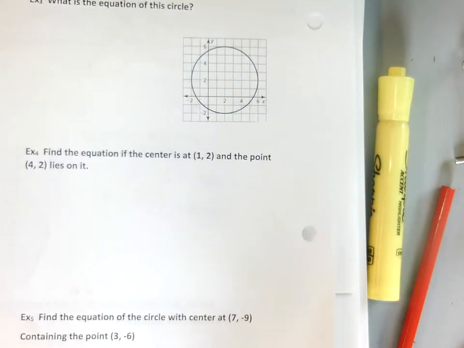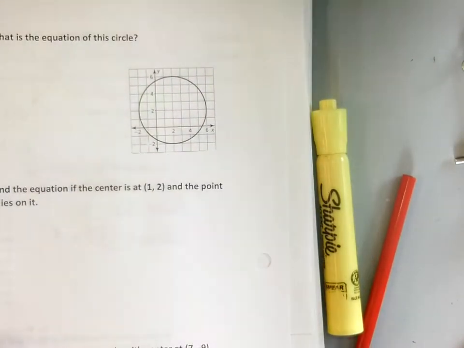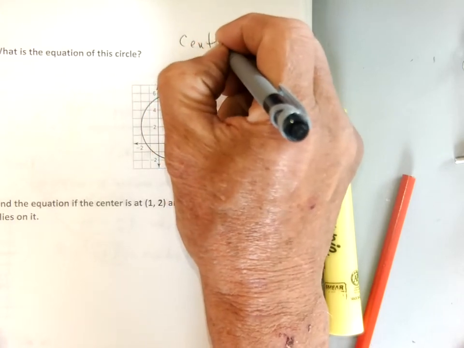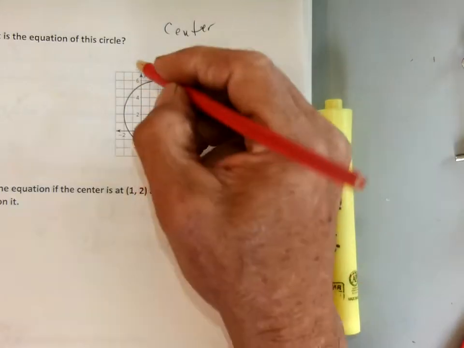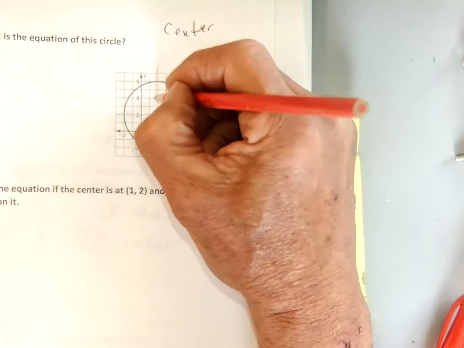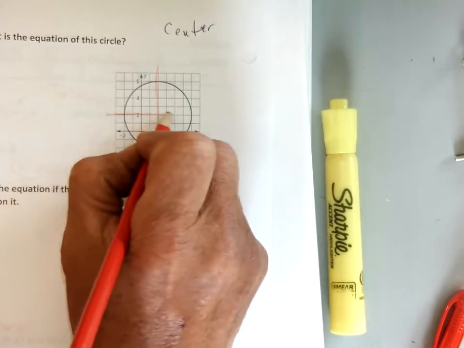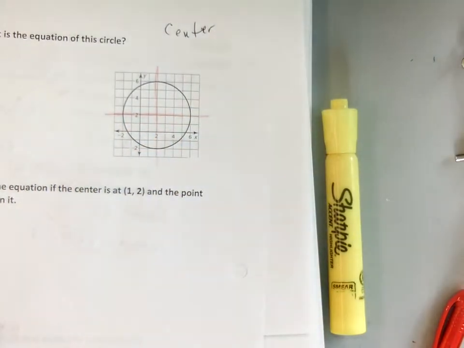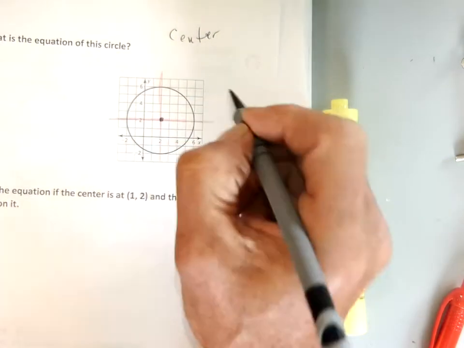Backside. It says, what's the equation of this circle? Well, let's see. I'm going to try and find the center. Right? So let me see if I can draw a couple of diameters. So I drew some diameters, and it sure looks like my center is right there.